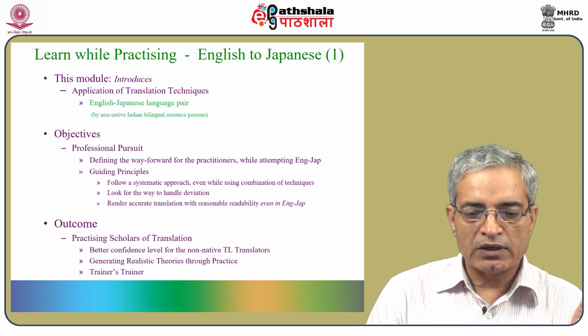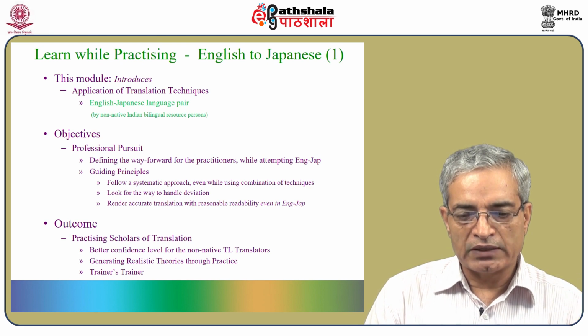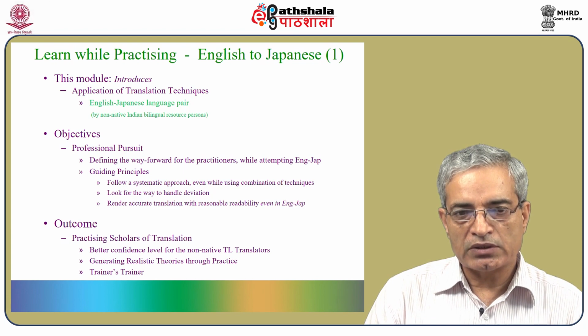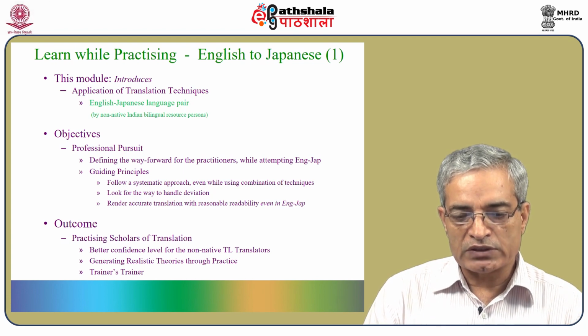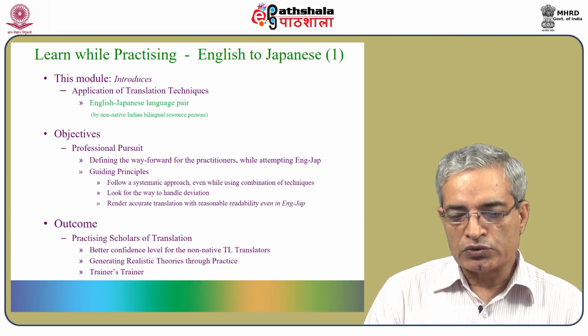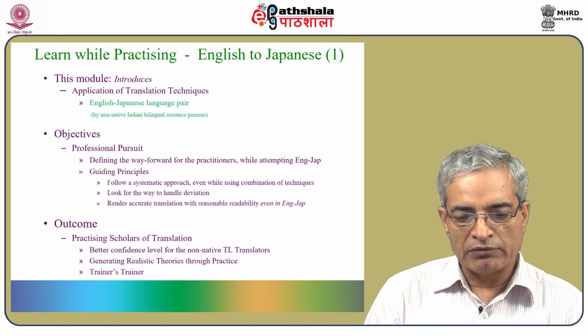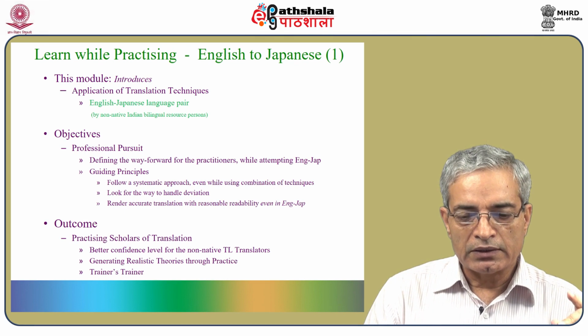The objectives are professional pursuits, defining the way forward for the practitioners while attempting English to Japanese translation. The guiding principles would be follow a systematic approach, even while using the combination of techniques, look for the way to handle the deviations.